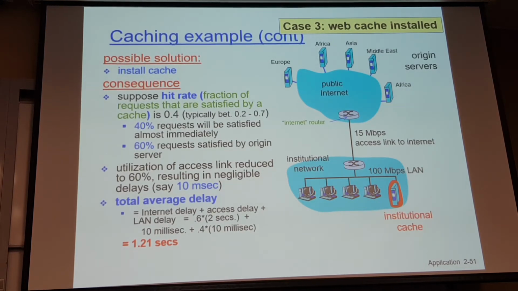Okay. Now what's going to happen? Now there's statistically, empirically derived data that tells us that if you have a proxy server here, typically the hit rate is between 0.27 to 0.7.